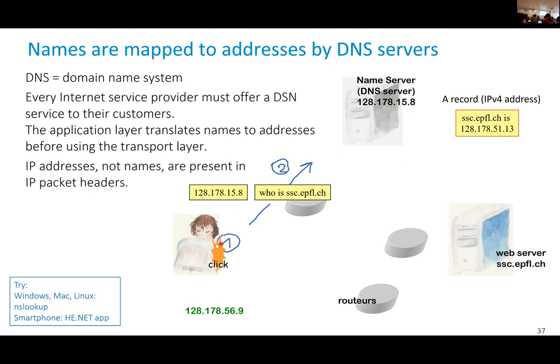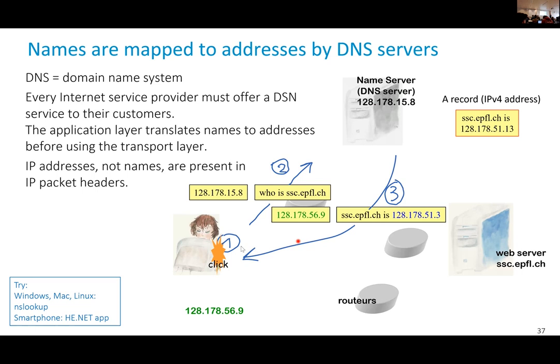So using an application called DNS, our system will in fact go to the DNS server and send an application layer packet. The IP destination address is that of the server, and there is a text message that says who is ssc.epfl.ch. The server will reply if it wants to.